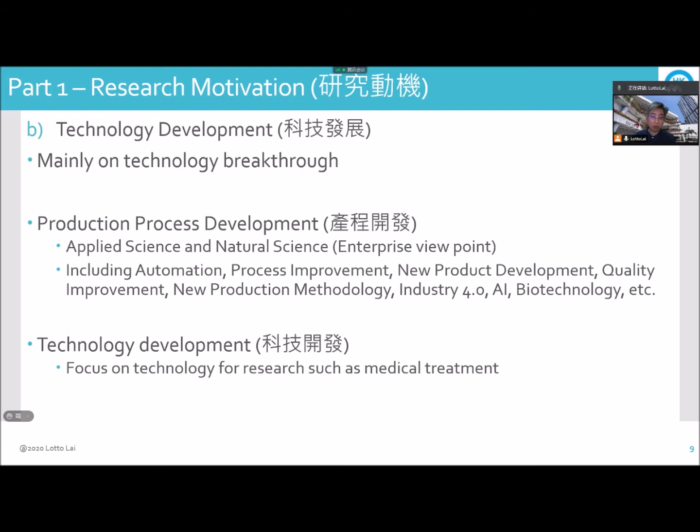It is all related to production processing. Some studies that were very hot ten years ago are Six Sigma and Lean in manufacturing processing. Another type is technology development itself, focusing on the technology for research, such as medical treatment or other special technology. It's not only production but the technology itself.